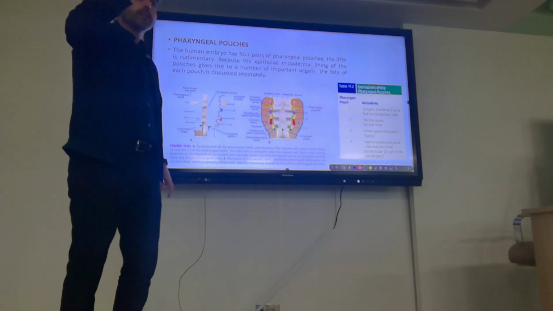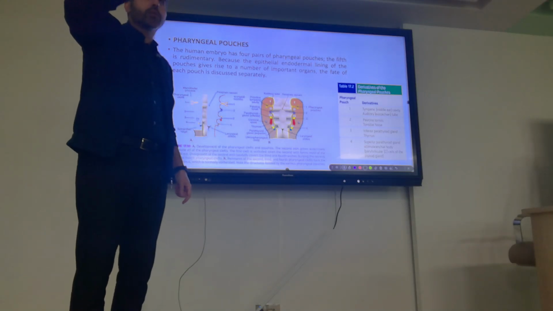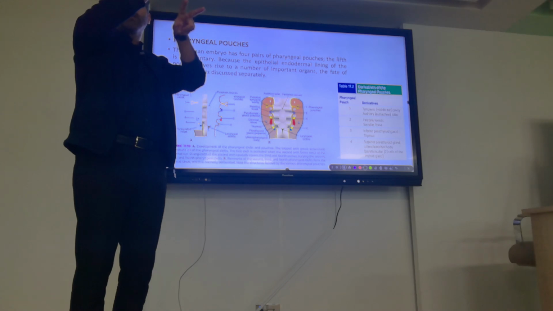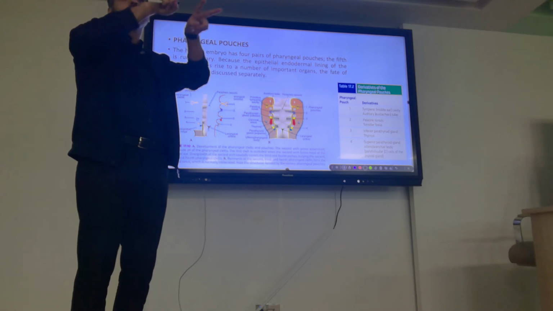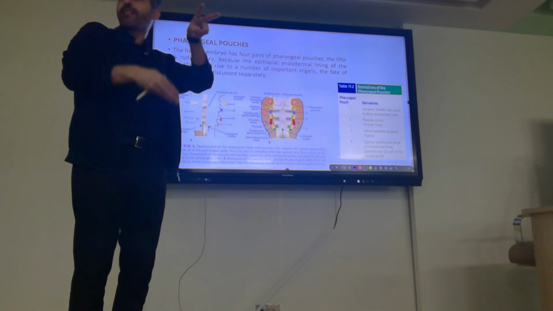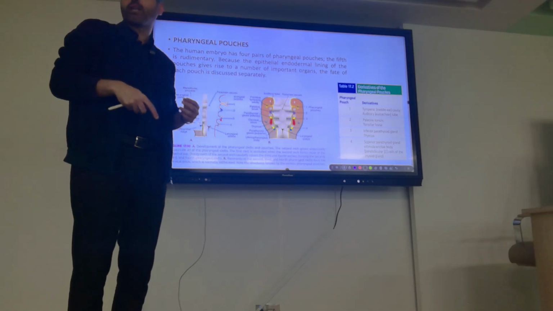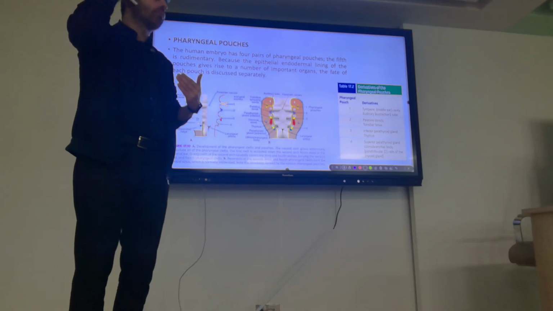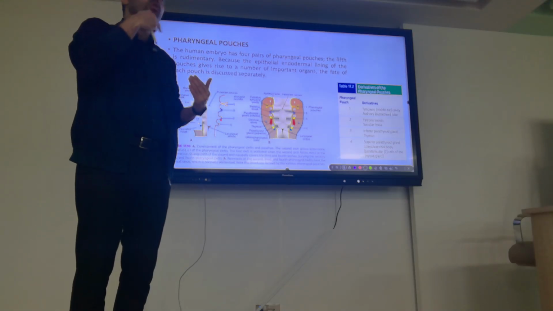Why? Because pouch number 3 makes the inferior parathyroid gland, they should go down sooner and go to the location. They descend and go to the correct location. They are made here in the third pouch, then they go down to the location.